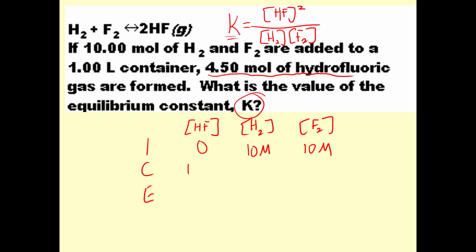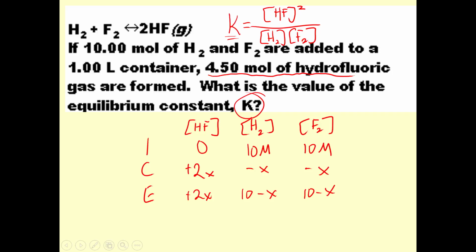So I added 2 times the amount of X for that, and then I took away some hydrogen, I took away some fluorine. Now you might be wondering why these are X and that's 2X. Well, every time one of these goes away, I'm going to get 2 of those. Every time one of those goes away, I'm going to get 2 of those. So if I call these X, that has to be 2X. At equilibrium, I'm going to have 2X of that. I'm going to have 10 minus X of that. I'm going to have 10 minus X of that.